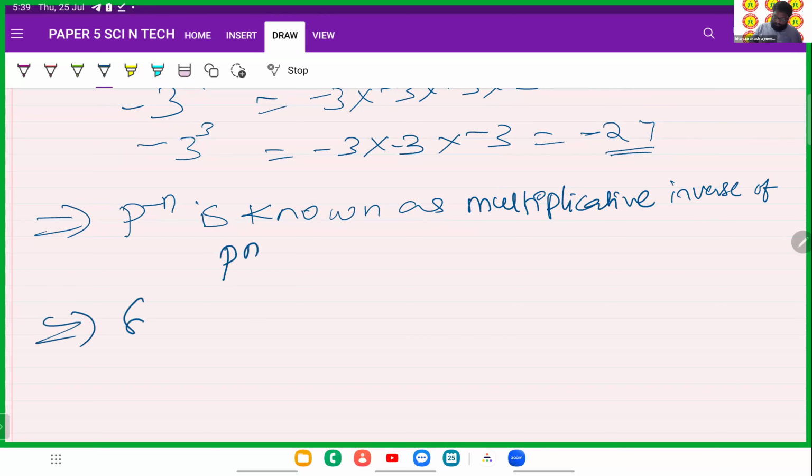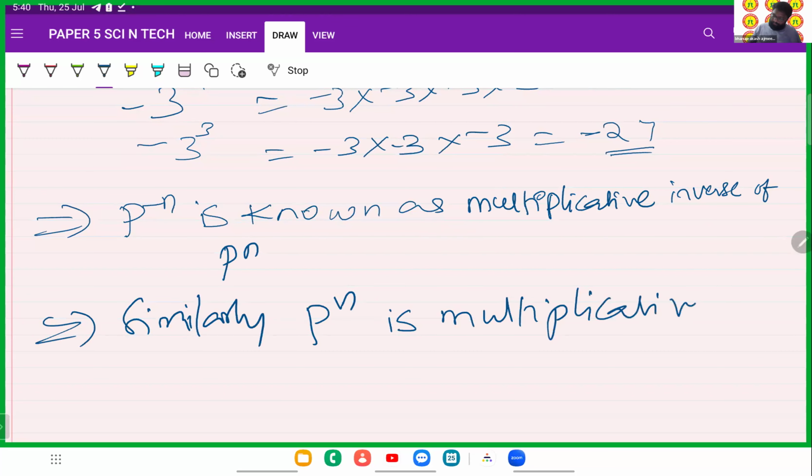Similarly, p to the power n is the multiplicative inverse of p to the power minus n. So any confusion till now? So this is the main thing.